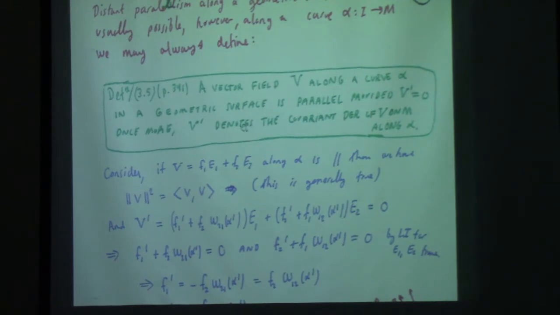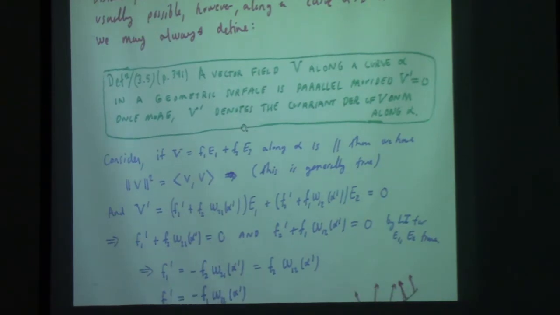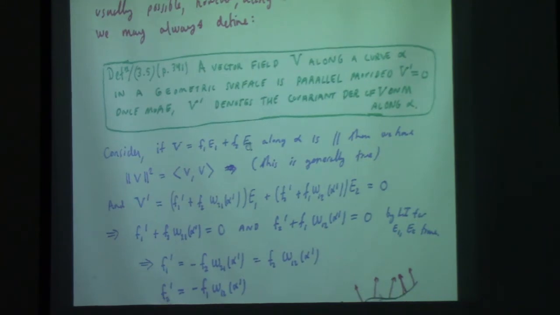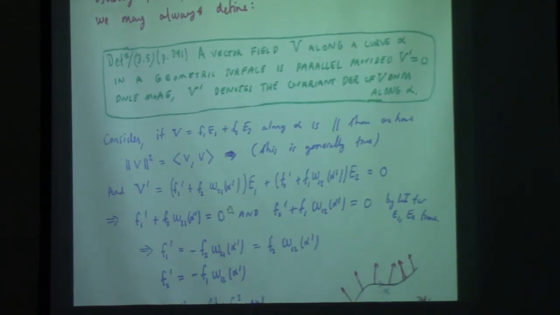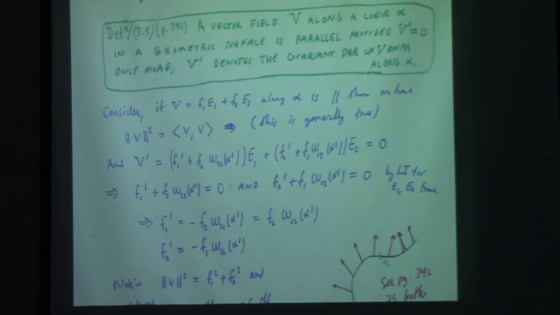I gave a proof in purple here, which is somewhat lengthy. I'm just going through the definition: V prime is this and that, right? Since E1 and E2 are linearly independent, for this to be 0 the coefficients must both vanish. That gives me two differential equations in f1 and f2, namely this one and that one.